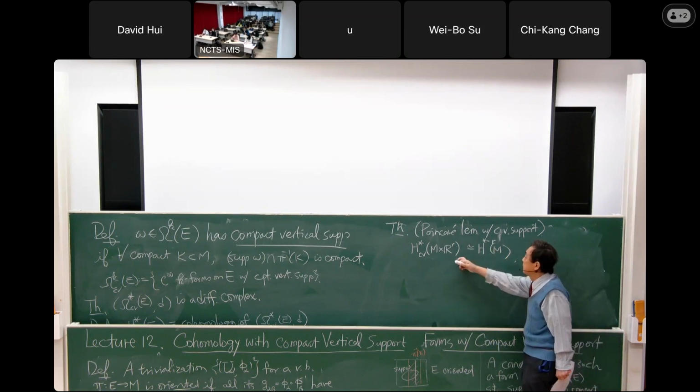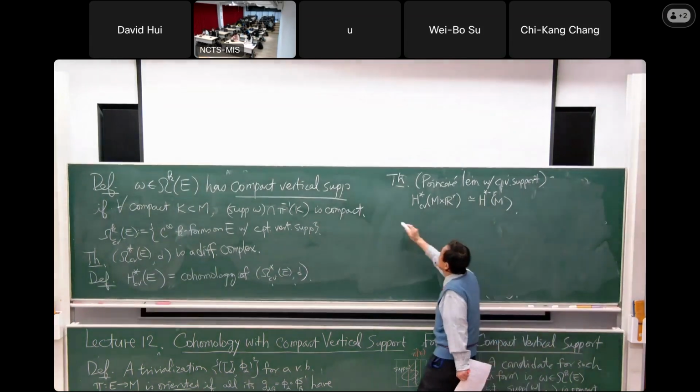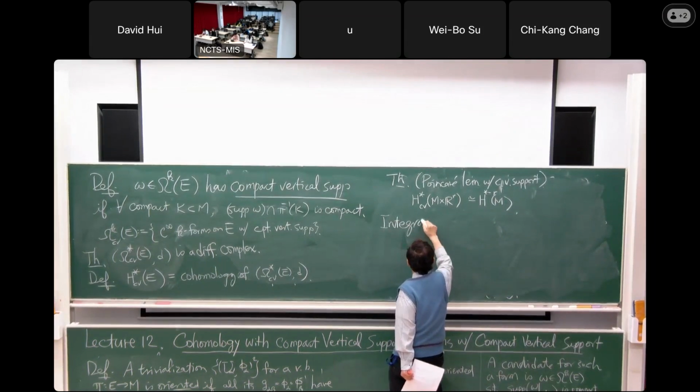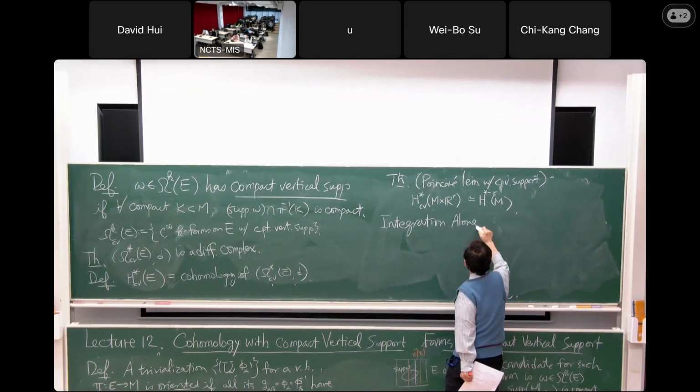And the way we get this isomorphism is by integrating along the fiber, R to the R. Okay. So let's define integration along the fiber.